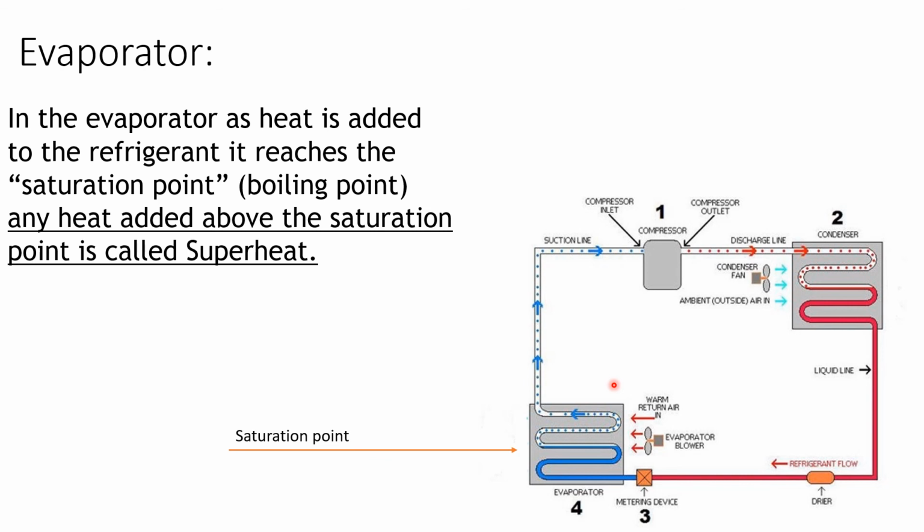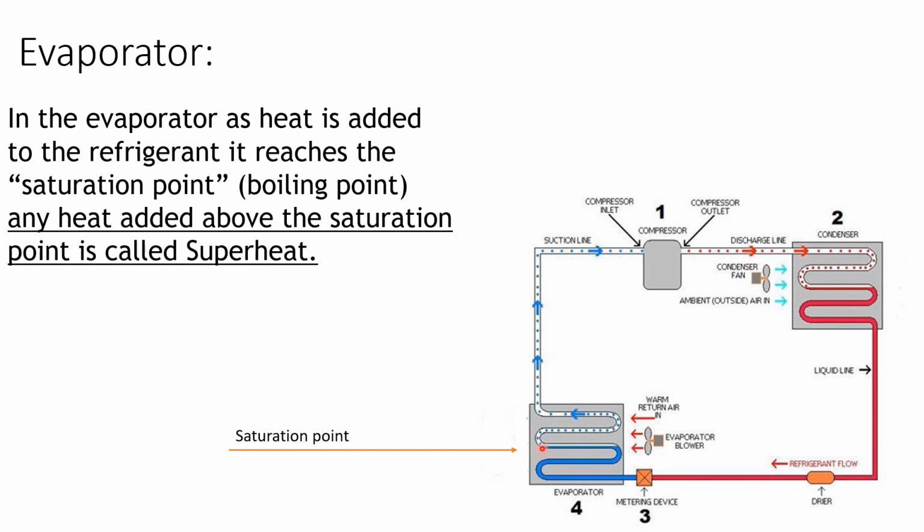So let's go ahead and bring that up. If you look at this line right here, it says that the saturation point is basically right here in the center or close to it of the evaporator. As the refrigerant comes into the evaporator, it's flowing as a liquid, and as that air blows across that liquid and it's warm, it warms up the liquid and starts changing the state.